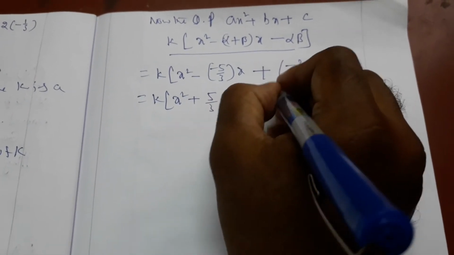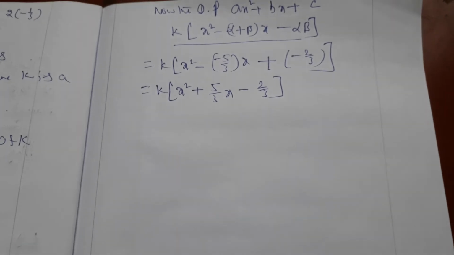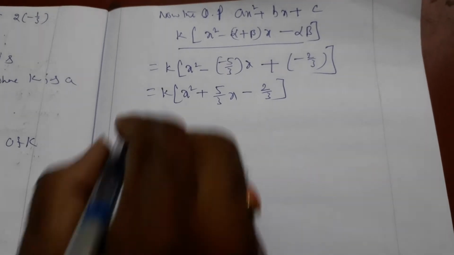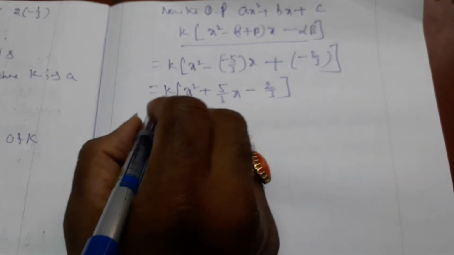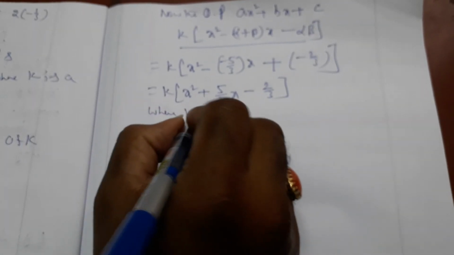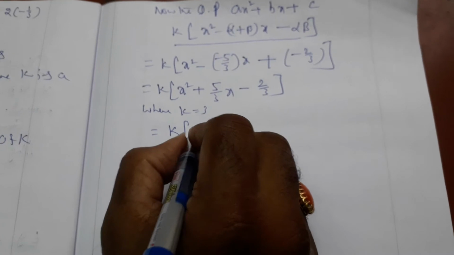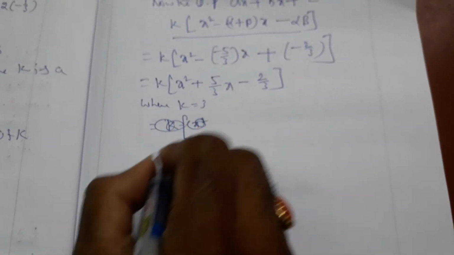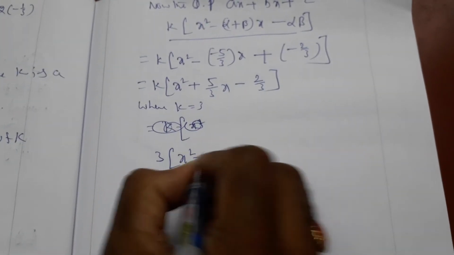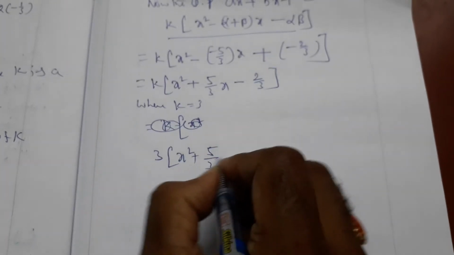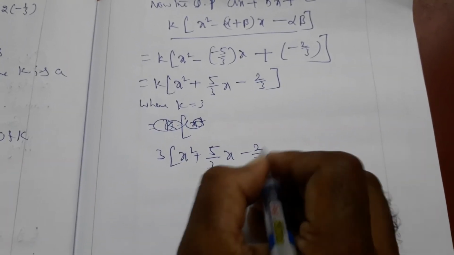Now we can put different values of k. When k is equal to 3, we get 3 into x square plus 5 by 3 x minus 2 by 3.